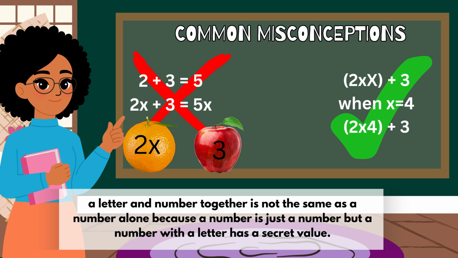So because these two are not the same, they cannot be put together just as they are, because 2x and 3 are two completely different things in the expression, and thus cannot be put together because they aren't the same. So these are big no-nos when it comes to algebraic expressions.